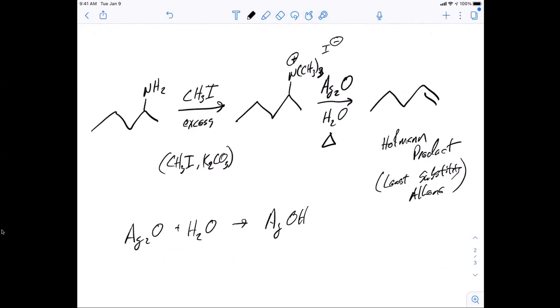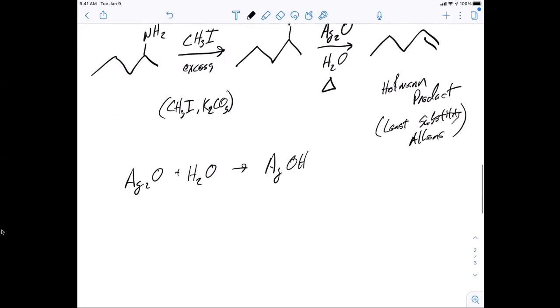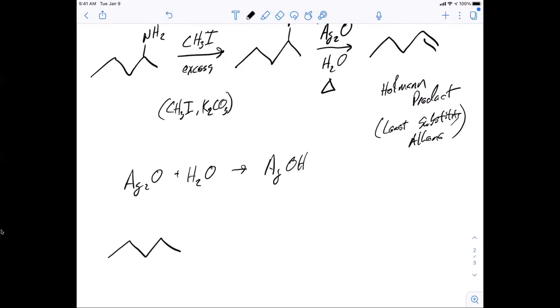So what you do is you make it in situ. So you take this silver oxide, which is kind of a paste, and you add water to it, it makes a silver hydroxide. What's happening in this is what we would expect. You're getting an elimination with that hydroxide.